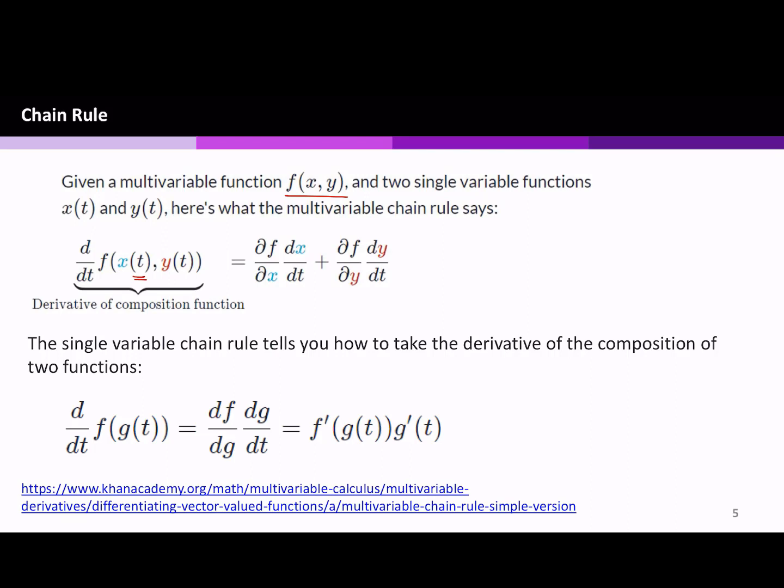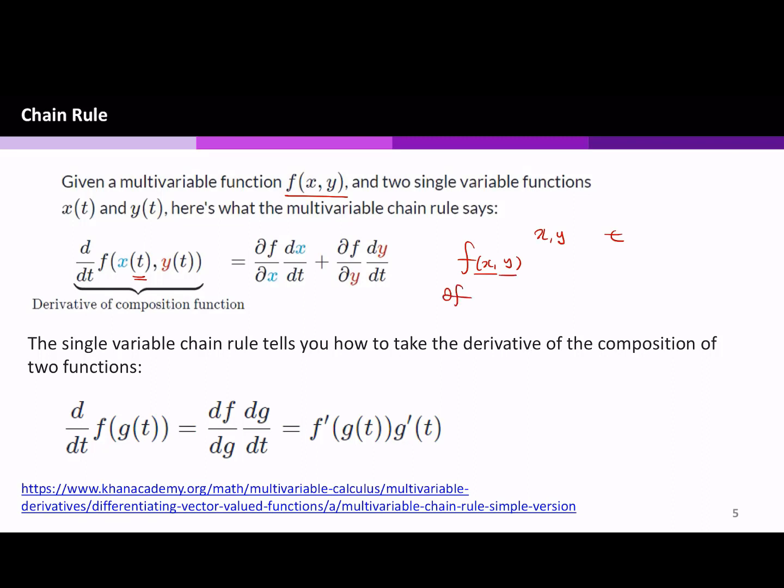Given a multivariate function f of x and y, and two single-variate functions x and y of t, meaning that x and y are functions of t, and then f is a function of x and y.